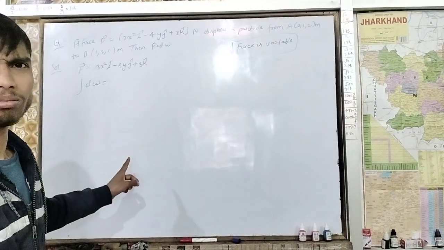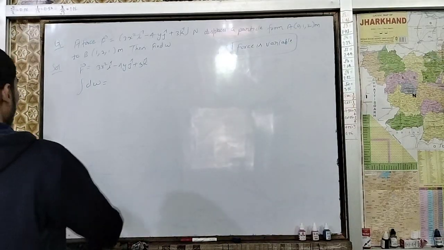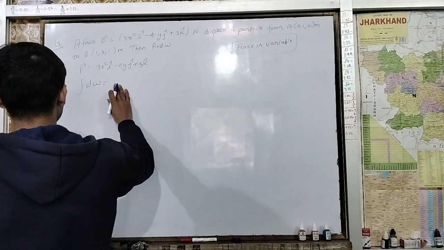So your formula will become integration of dW. The d comes because we applied integration. Integration of dW will be integration of F dot dx.